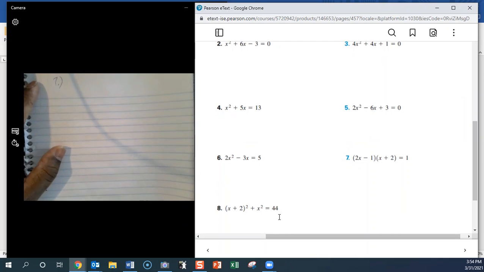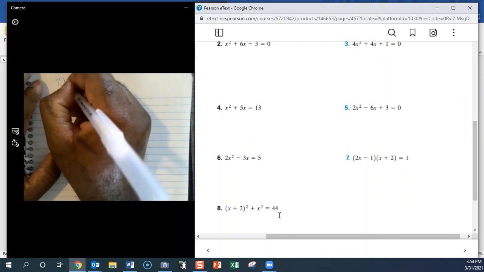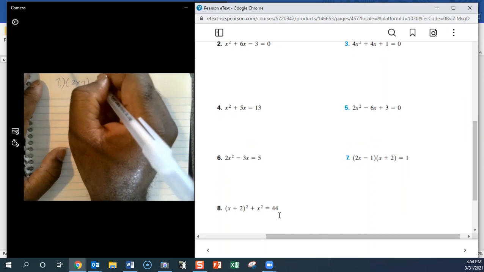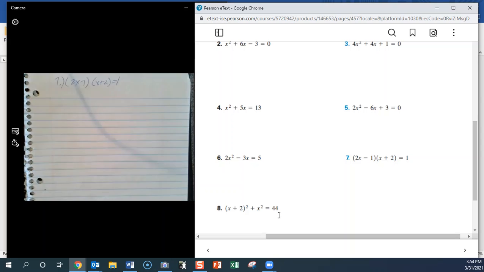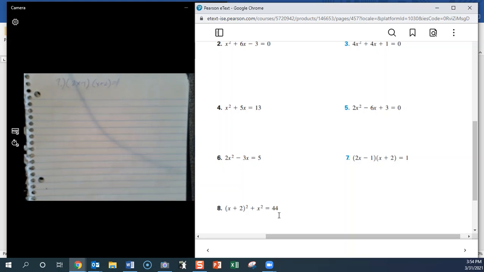We have 2x minus 1 and x plus 2 equals 1. Now, we would actually be done with this if this were equal to 0. But since it doesn't, we have to actually go through and solve this.